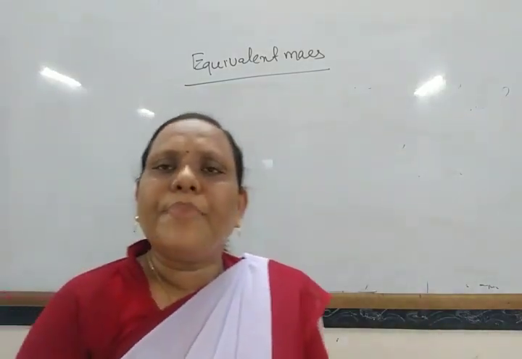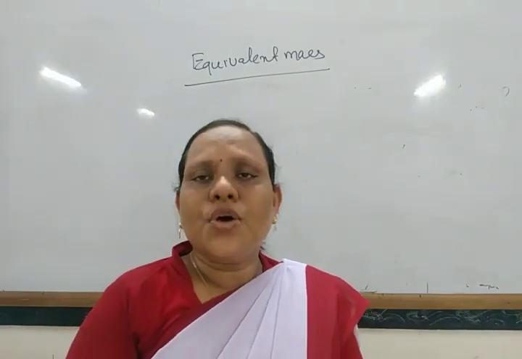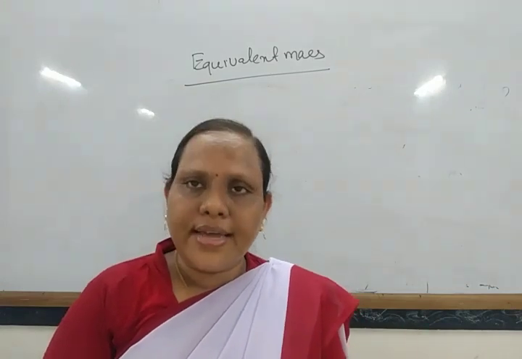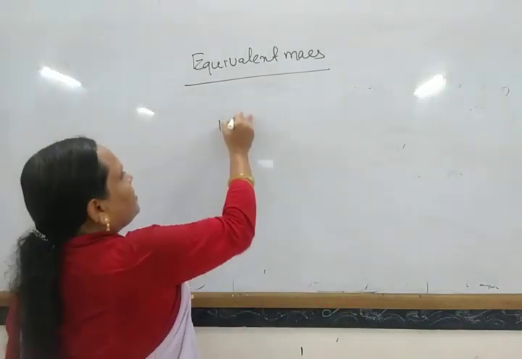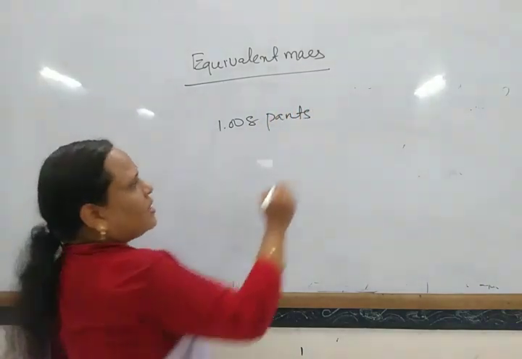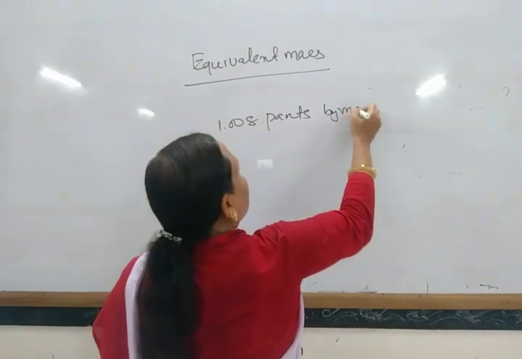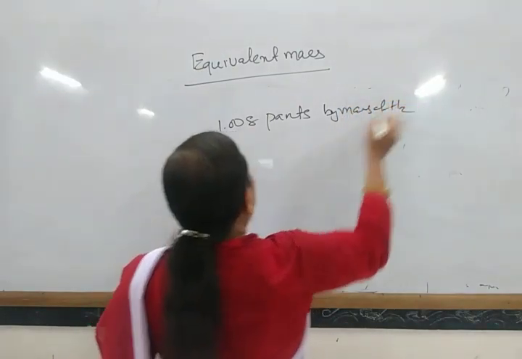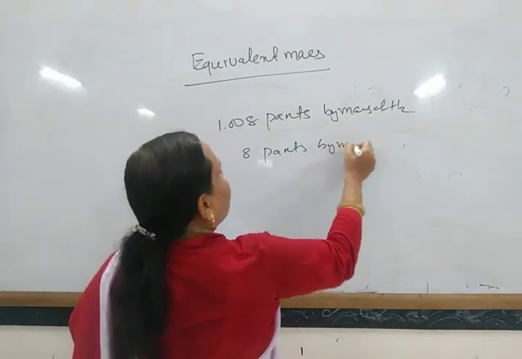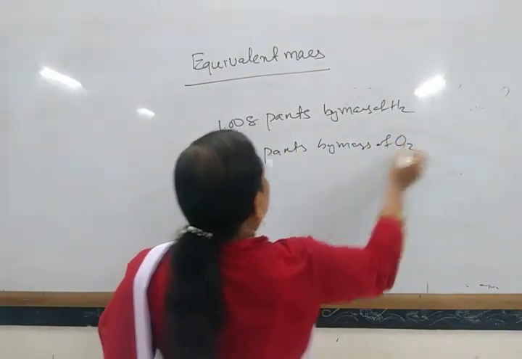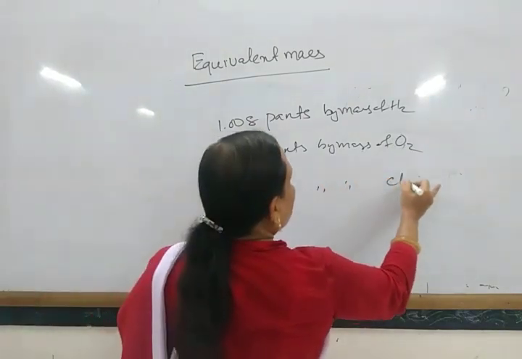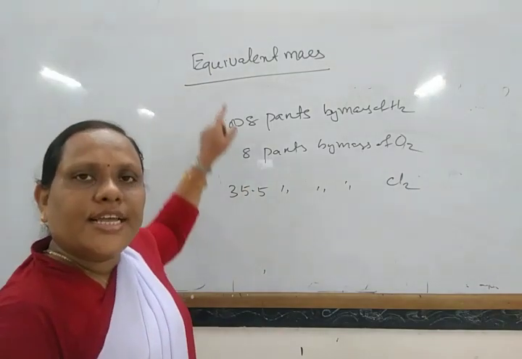It is the number of parts by mass of the substance which combines or displaces, directly or indirectly, 1.008 parts by mass of hydrogen, or 8 parts by mass of oxygen, or 35.5 parts by mass of chlorine. That is known as its equivalent mass.